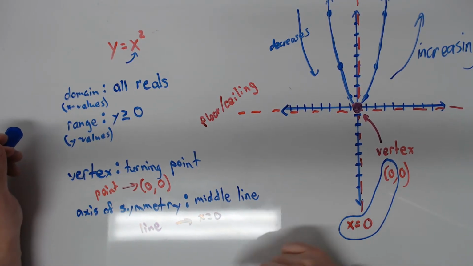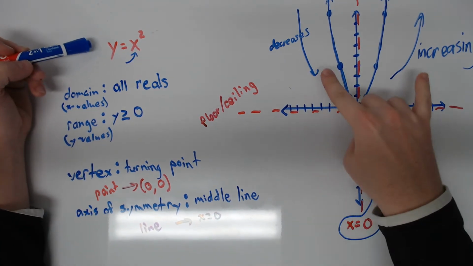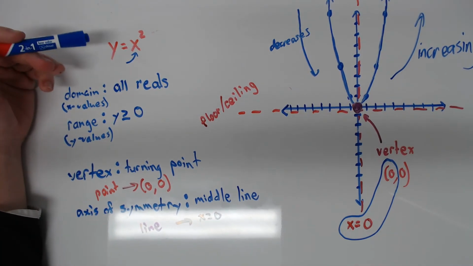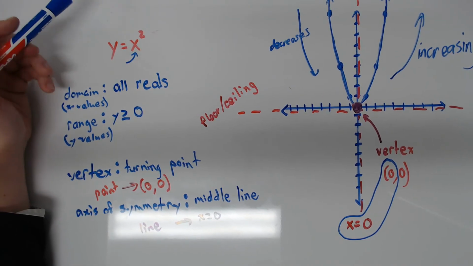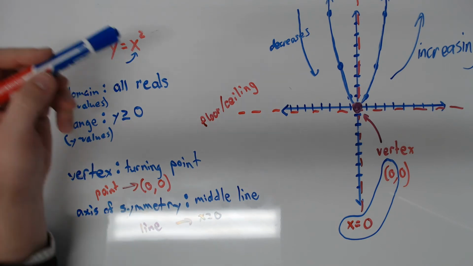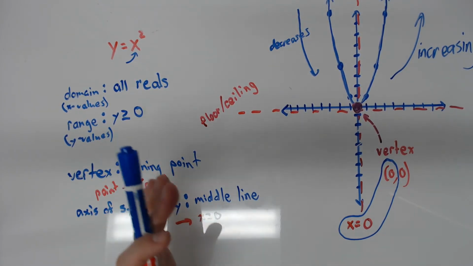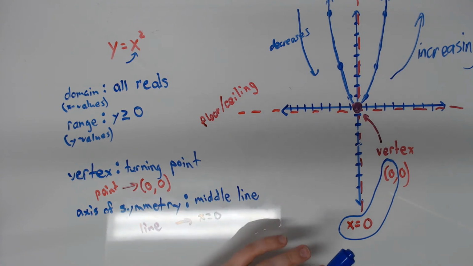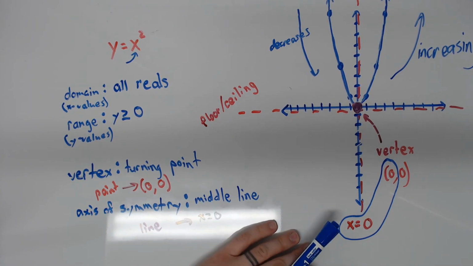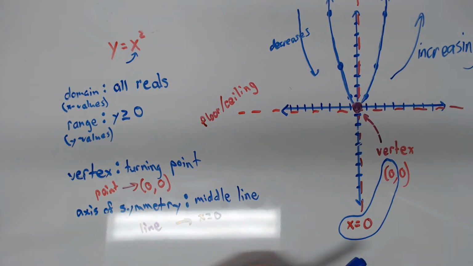In future lessons where we actually have B and C values, these things are going to matter more, and we're going to have a couple more characteristics. But for just the y equals x squared, this is going to be pretty typical. So there's a lot more to do in the coming lessons, but for now, just get used to the shape of this graph and where the parent function is.